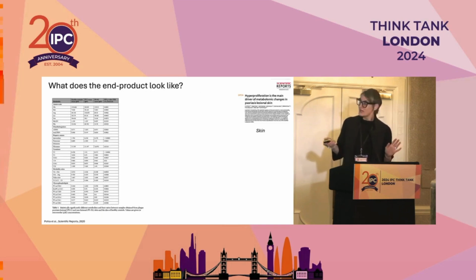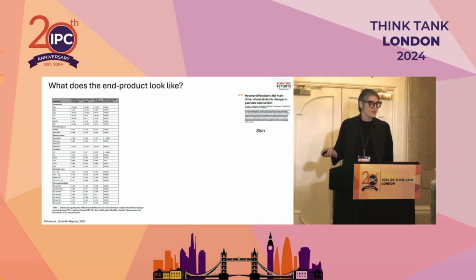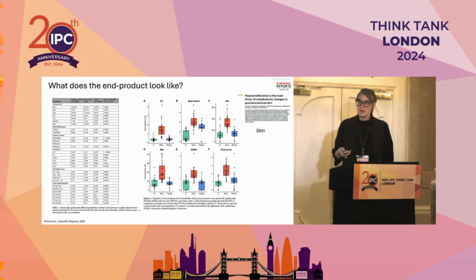This is what the data looks like. If anyone's done metabolomics, you know the report comes out as a huge exhaustive list of changes in metabolites. And that's what you get. Maybe if you're lucky, they interpret it and they show you how these metabolites integrate into a metabolic pathway. This is how you can present it in a paper.